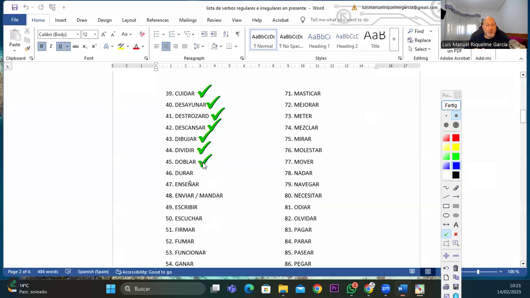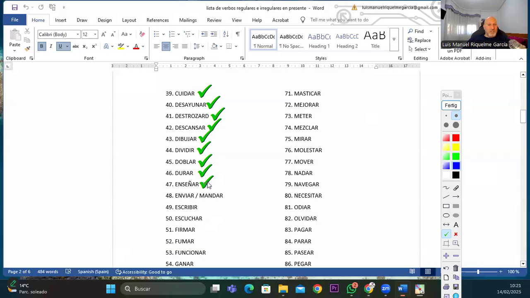And doblar is also to, you have 100,000 euros and you invest them and you get in return 200,000, to multiply times 2. Durar, that's the verb to last, as in the duration of something. Something lasts so much time.